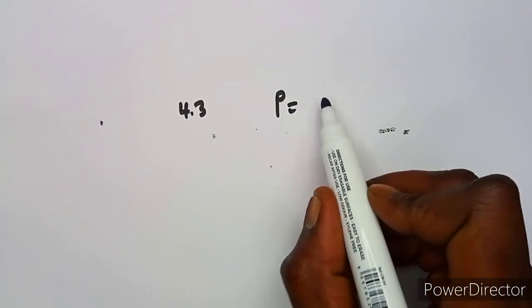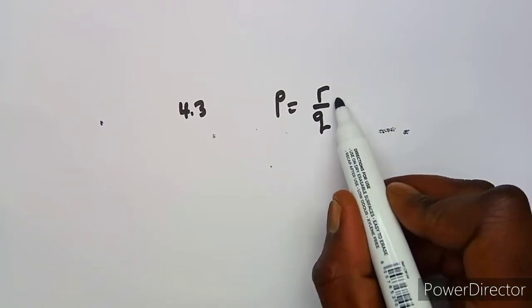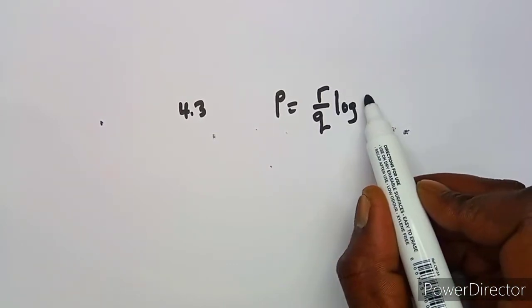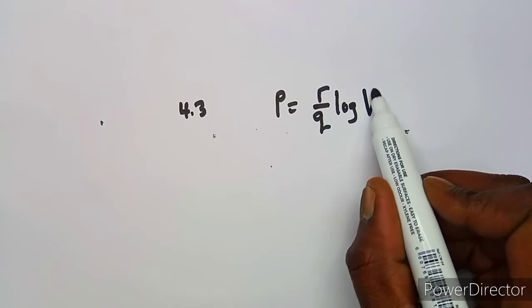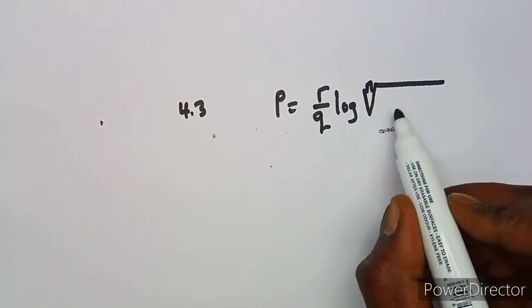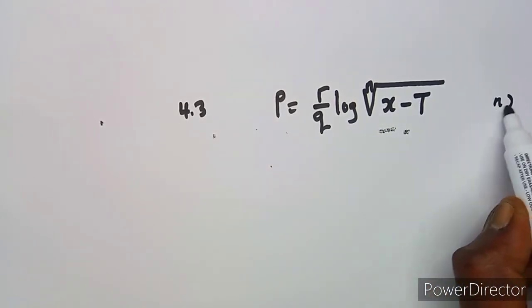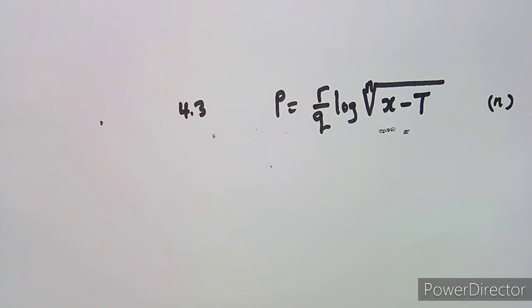P is equivalent to R over Q. Then we are given log, that is the nth root there. So this n is actually inside like this. Then we've got x minus t like this. And we want to make n to be the subject. So which stages are we going to take in this case?